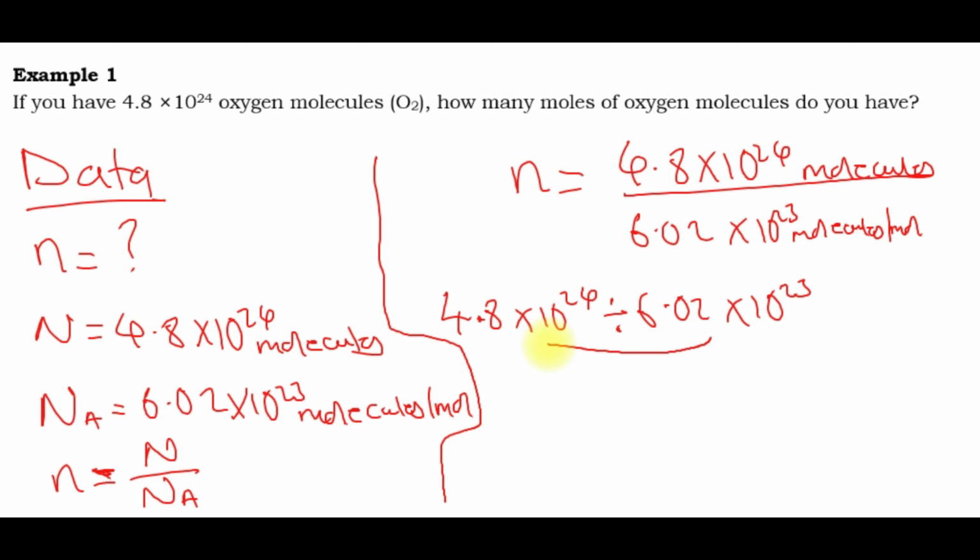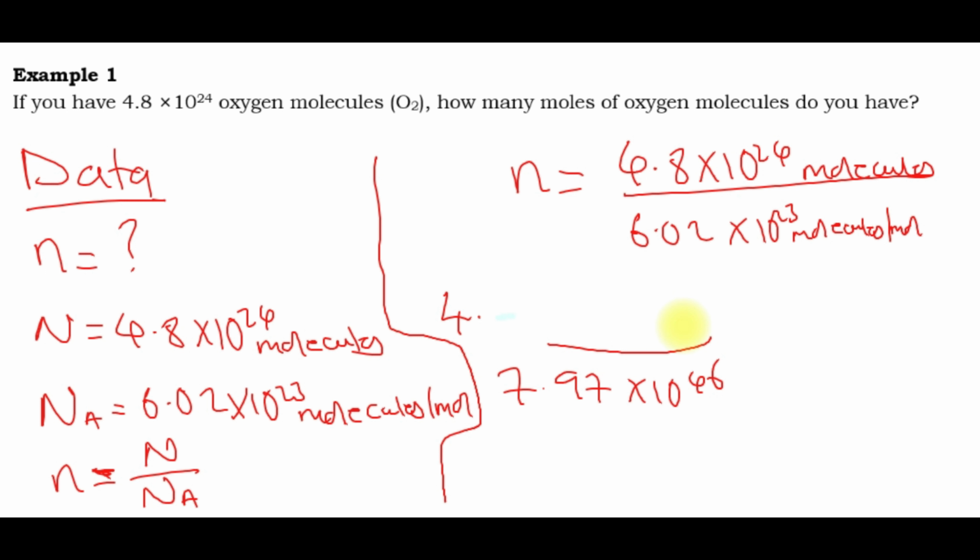It will start with the division first, then followed by multiplication. So this will give you a wrong answer, because if you do not enclose this in parentheses or brackets, it's going to give you an answer such as 7.97 by 10 to the power 46, and this is very wrong. So be cautious when you are putting these values on your calculator.